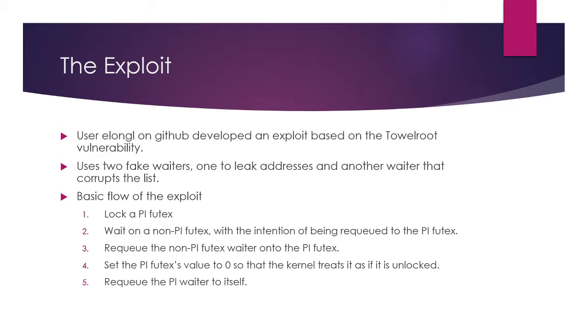So actually, futex operations happen mostly in the user space, which is why, as I understand it, we can set the value to 0. And only when locks need to be resolved is when the kernel actually steps in. And then we need to requeue the PI waiter to itself.